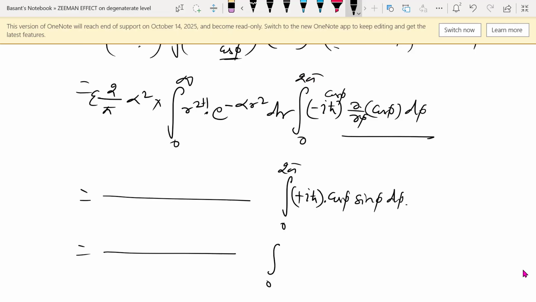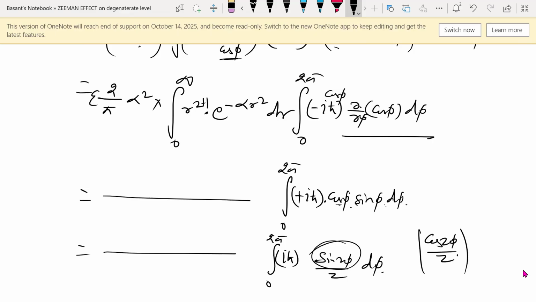So 0 to 2 pi, i h bar, cos phi into sin phi, which becomes sin 2 phi by 2 d phi, and the integration of this gives cos 2 phi by 2 from 0 to 2 pi.